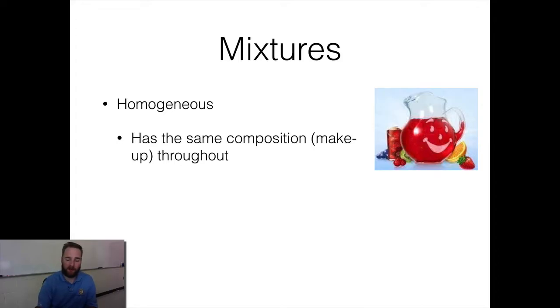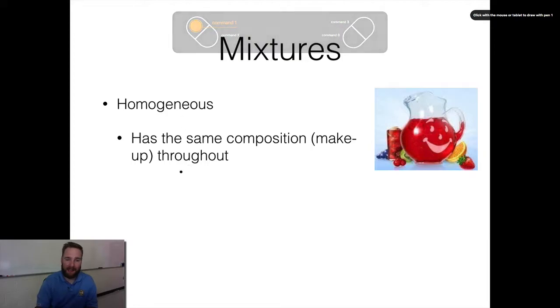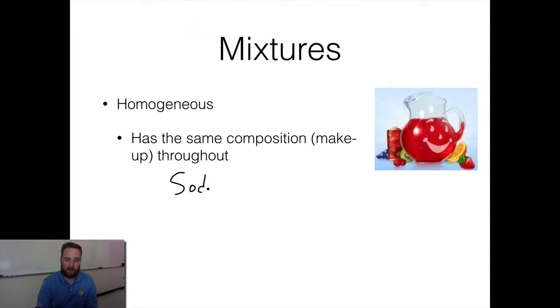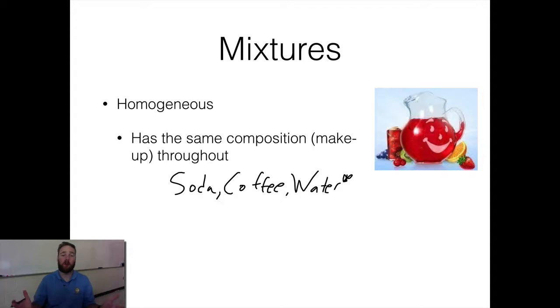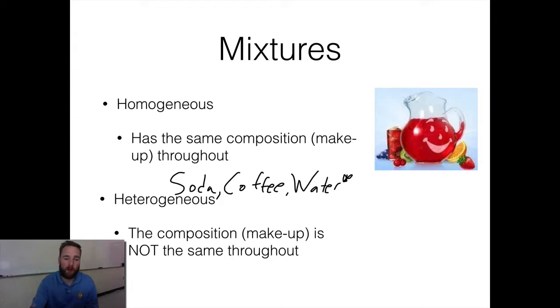Another good example of that would just be any type of soda, coffee, even the water we drink sometimes, and I'll put a little asterisk by that because that's not all the time, but the water we drink has vitamins in there, it has minerals, it has chlorine, there's other stuff in water other than just H2O. We would call that homogeneous mixture because it's got the same composition or makeup throughout.